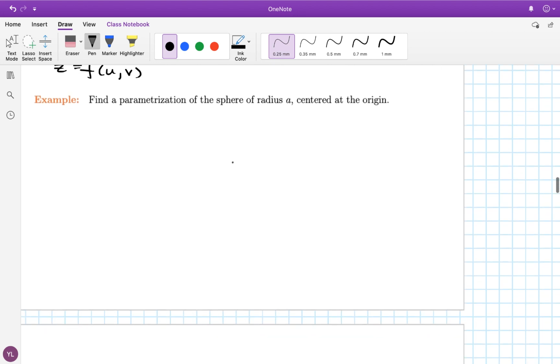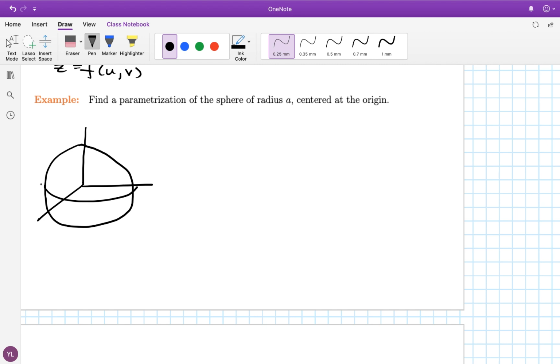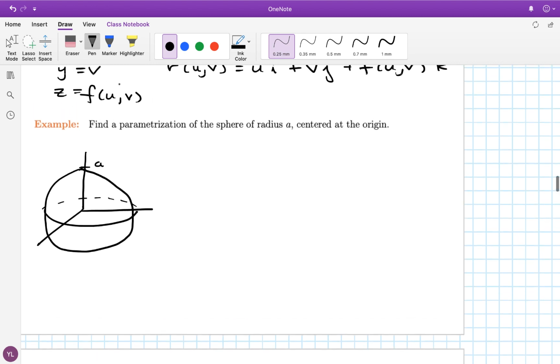Like, for example, a sphere, right? I actually don't have the option of a function parameterization in this case, because a sphere of radius a isn't actually represented as z as a function of x and y, or really any function involving the Cartesian variables like this.